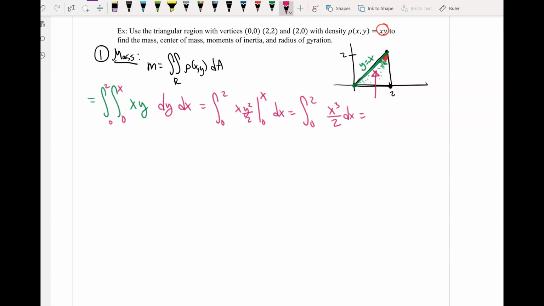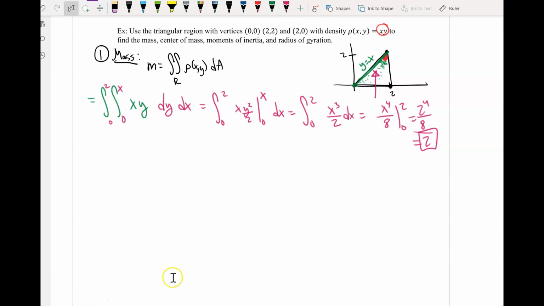So you have x to the 4th over 8 from 0 to 2. Plug in 2 to the 4th over 8, which is 16 over 8, and that just gives me 2. So that's what I get for my mass.